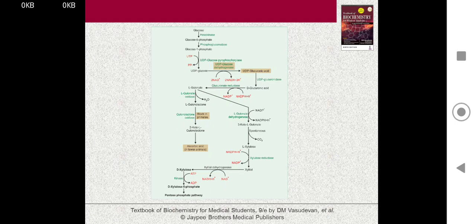In the absence of these two enzymes, it will lead to essential pentosuria. It has clinical importance. Now D-xylulose is ultimately converted into D-xylulose 5-phosphate, which enters the pentose phosphate pathway.